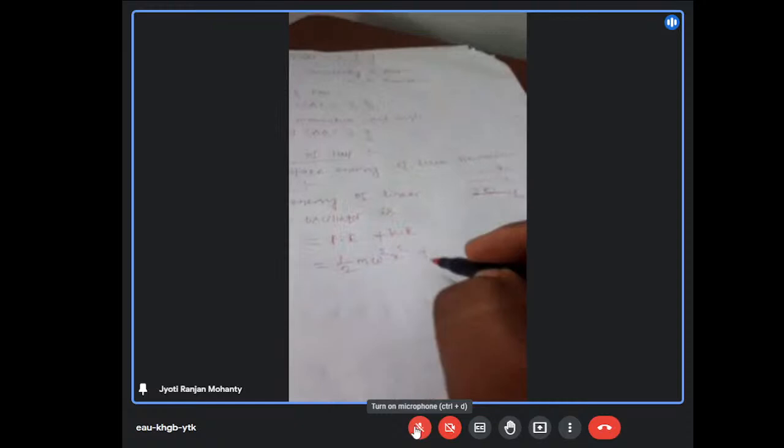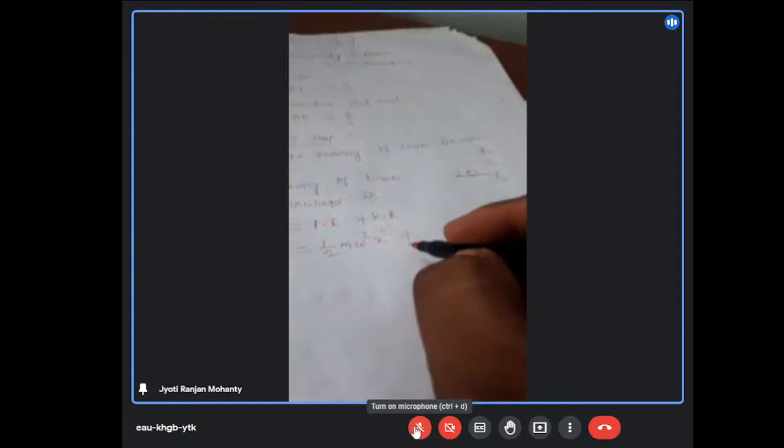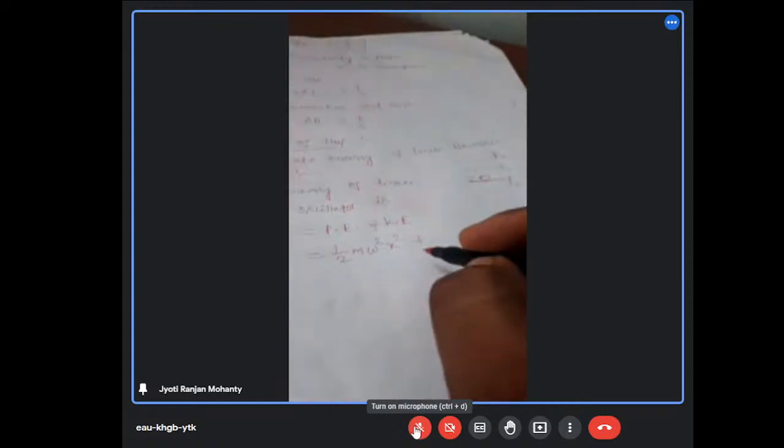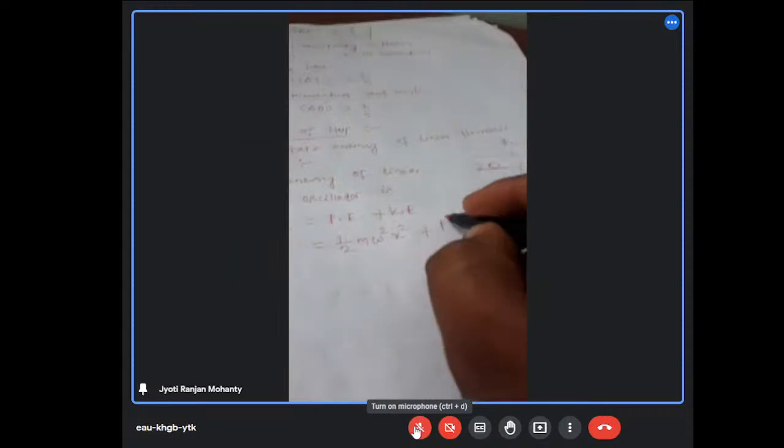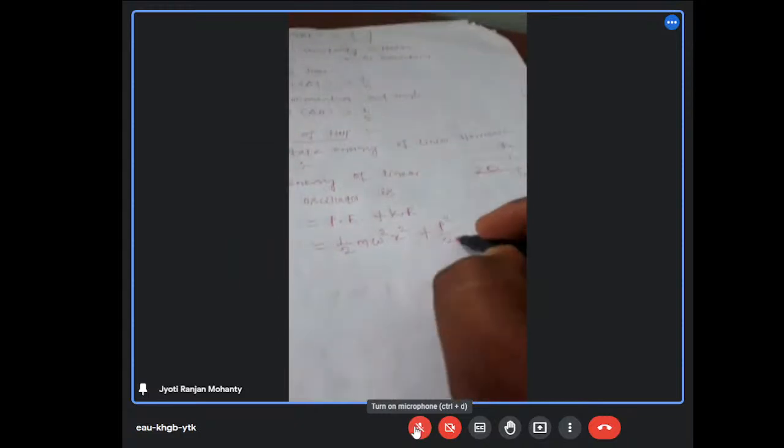The kinetic energy is half m v square. I want to write it in terms of momentum: p is equal to m into v, so this will be p square by 2m.